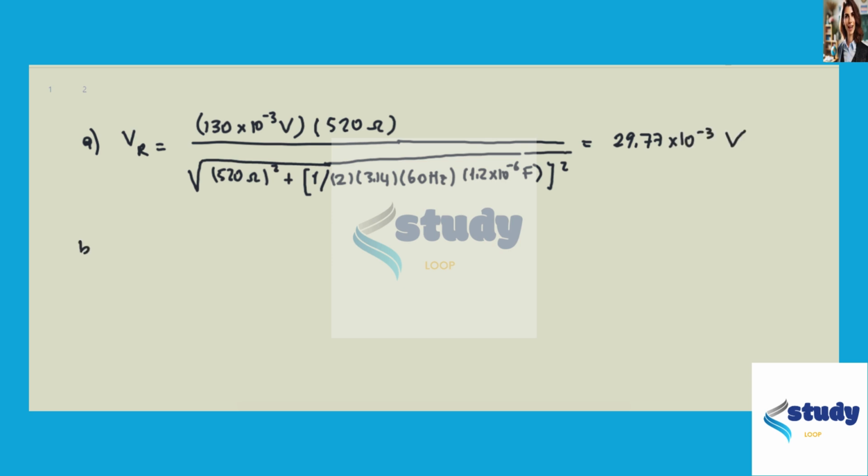Now, if instead of 60 hertz we put 6 times 10 to the power of 3 hertz, we're going to recalculate everything, because this is the new frequency.